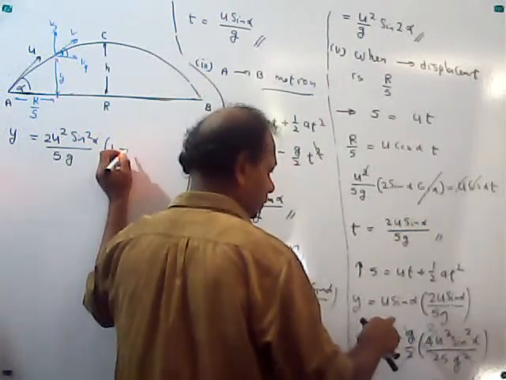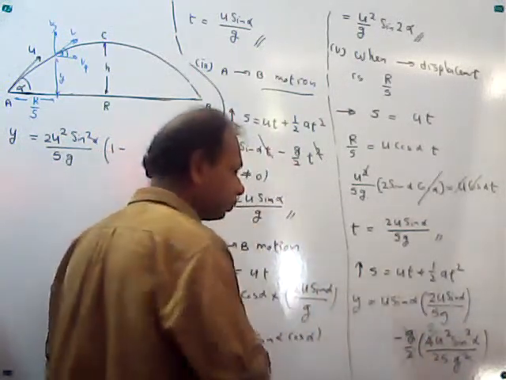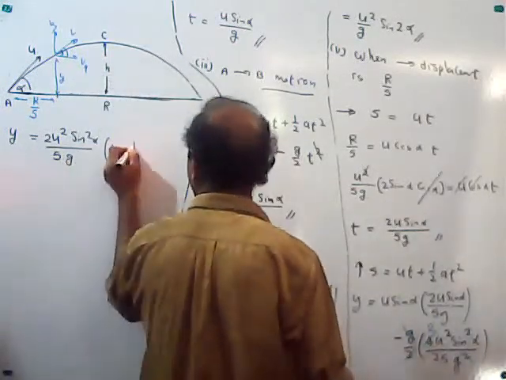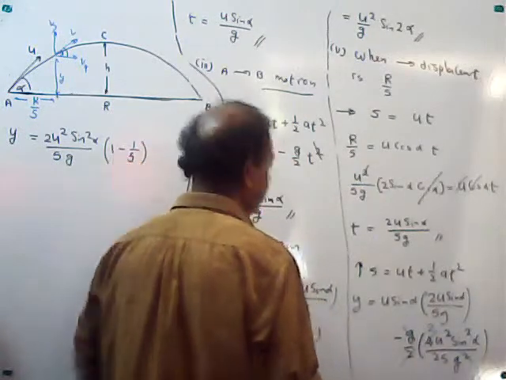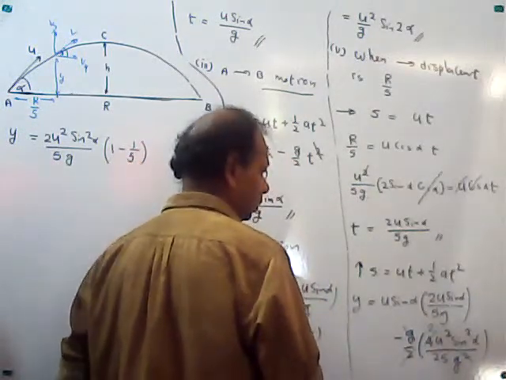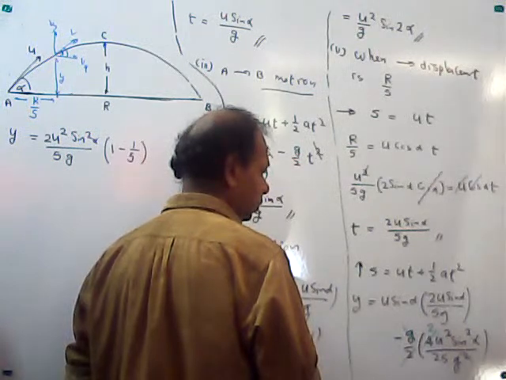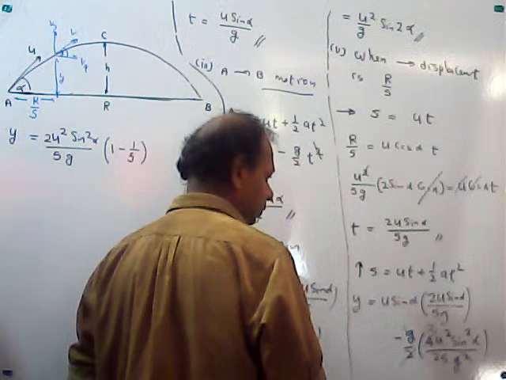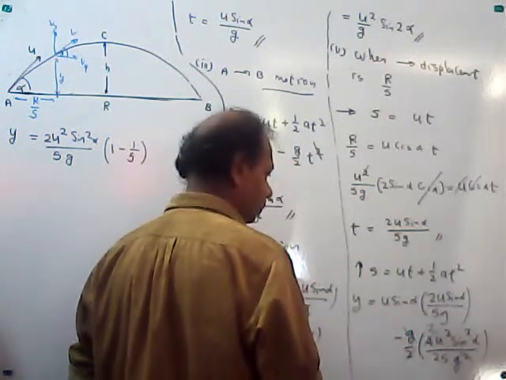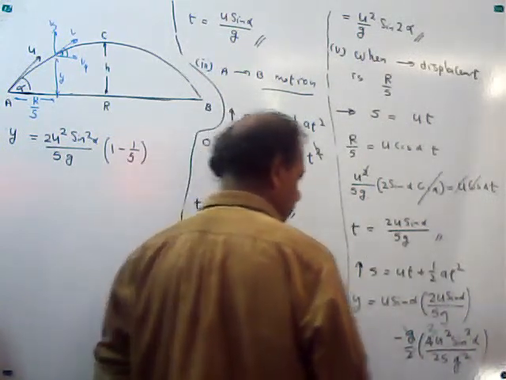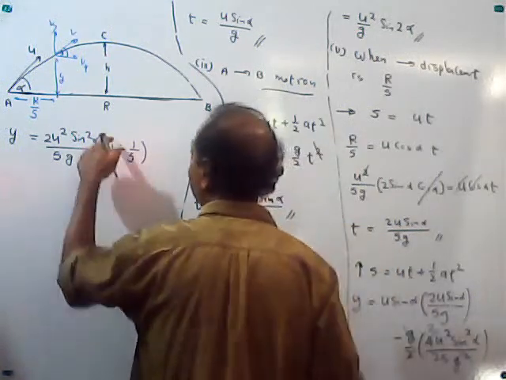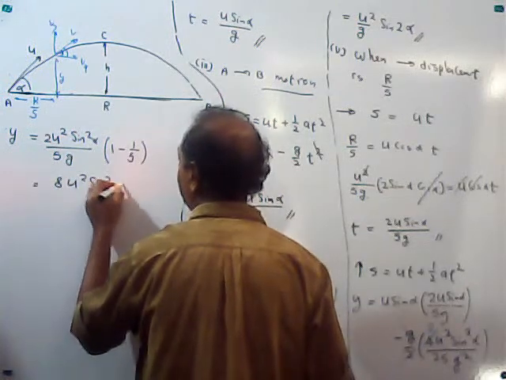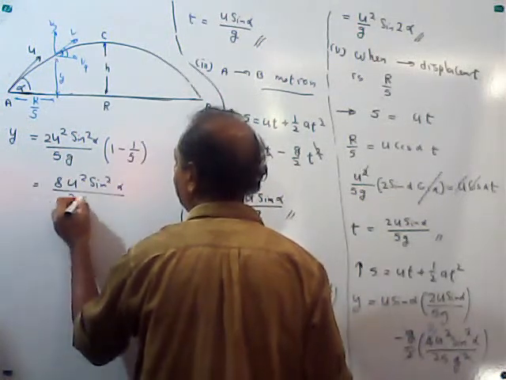So u squared sine squared over 5g taken out, and then 1 minus 1 over 5. So it is 4 into, that's like 8 u squared sine squared alpha over 25g.